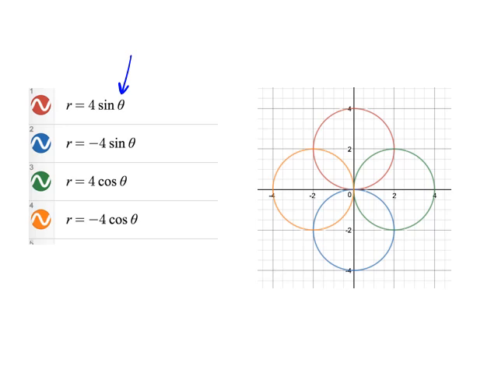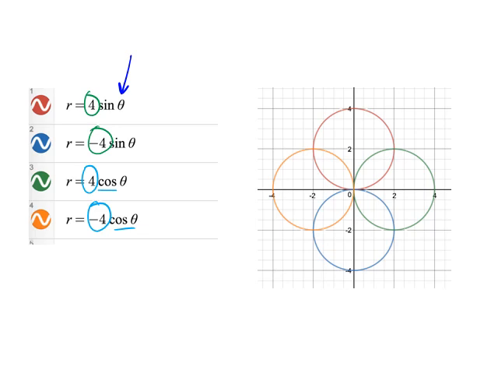Basically, this first one, you have r is equal to 4 sine of theta. The blue one is negative 4. So you can see that if sine is involved, depending on what this value is, it will be above or below the x-axis. On the other hand, if cosine is involved, the negative value will be to the left of the y-axis, and this will be to the right.